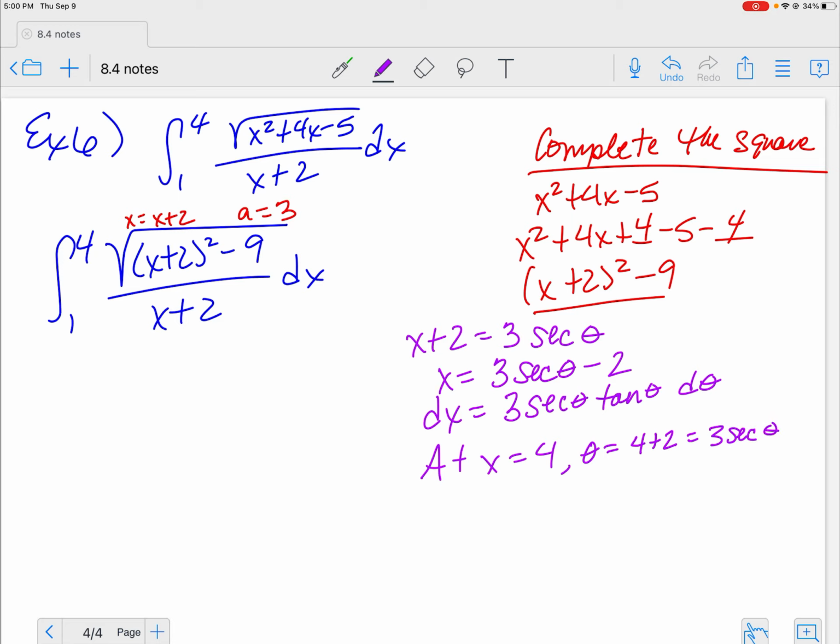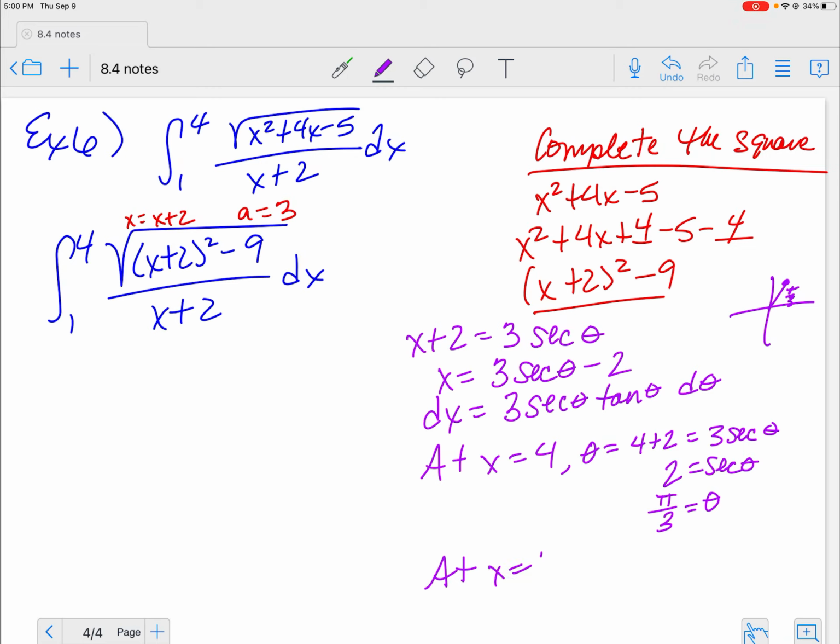Okay, so 4 plus 2 is a 6, divided by 3 is 2, is equal to secant theta. So then theta, remember this is the reciprocal of cosine, so I look and I say, where's cosine 1/2? That's up here at pi over 3. So then that's where I end up with theta is now equal to pi over 3.